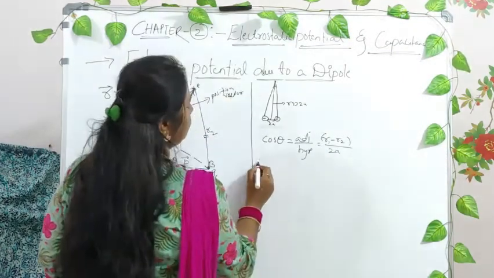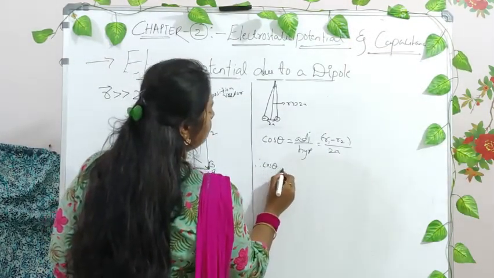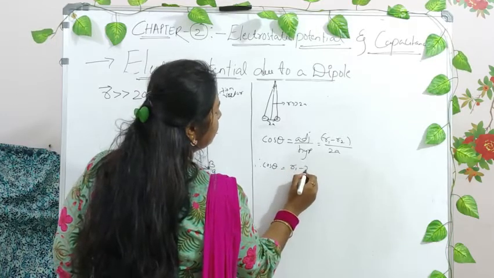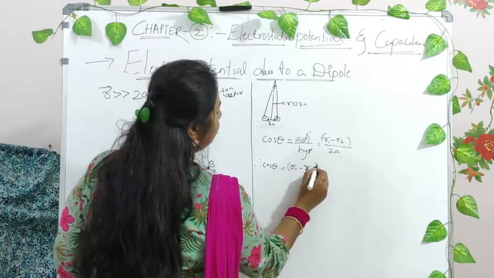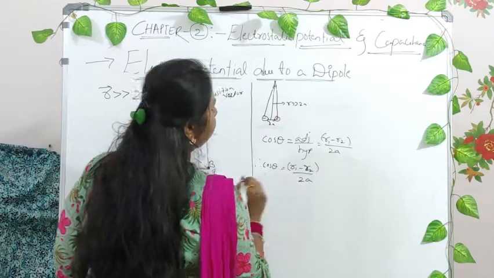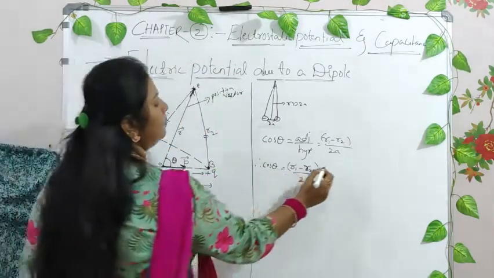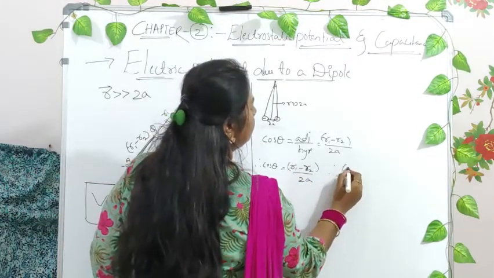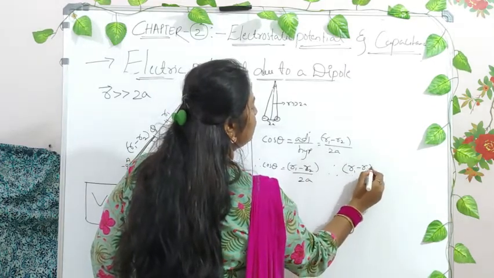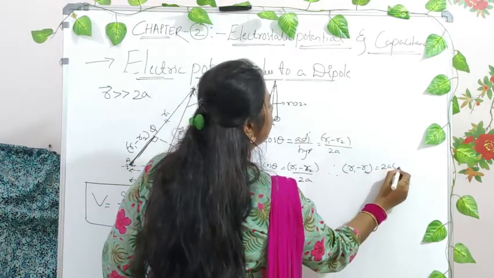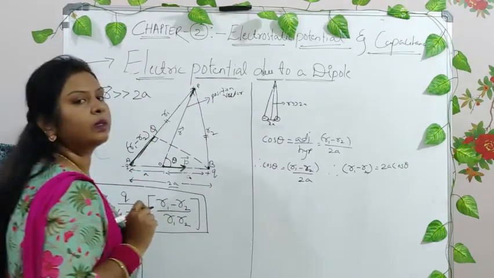Hence cos theta is equal to R1 minus R2 divided by 2A. Therefore R1 minus R2 can be written as 2A cos theta.